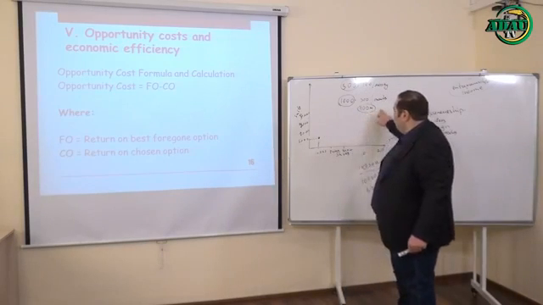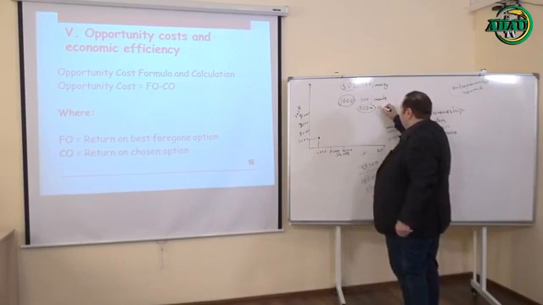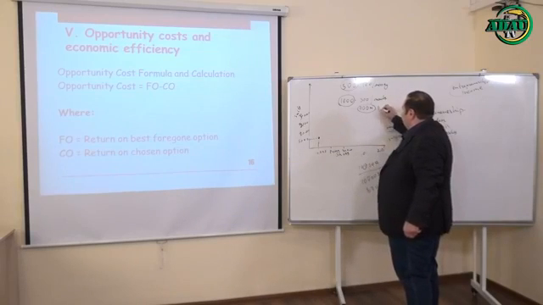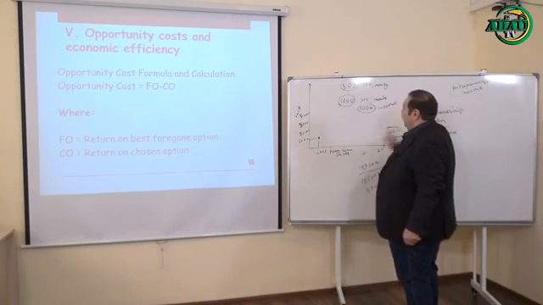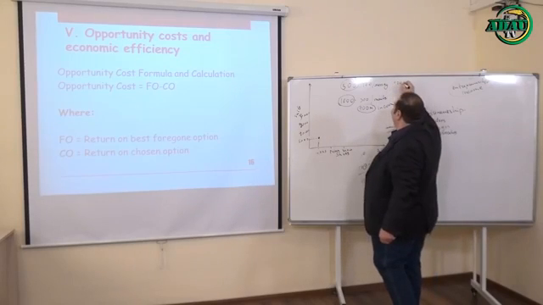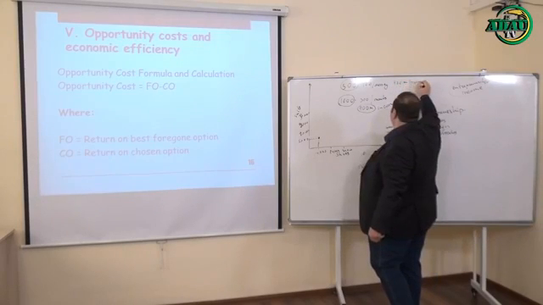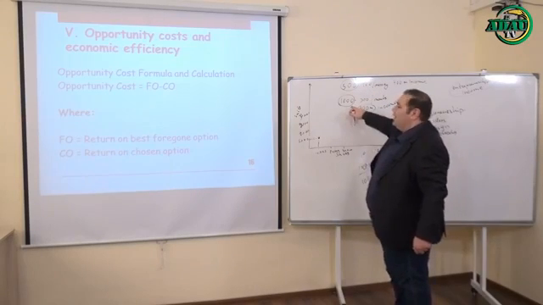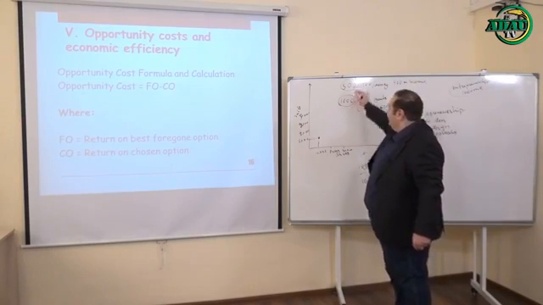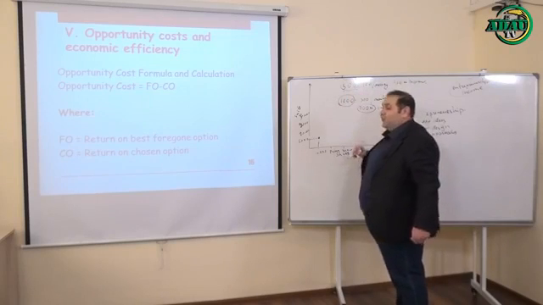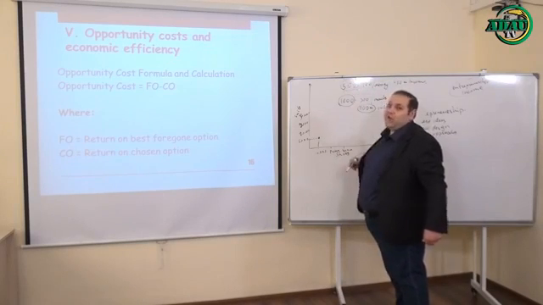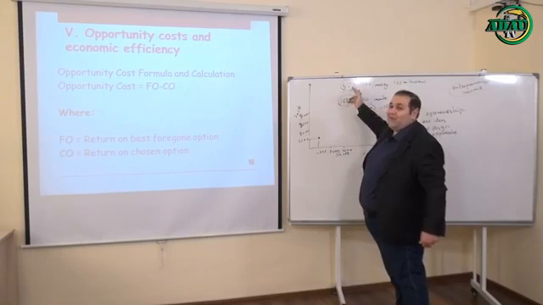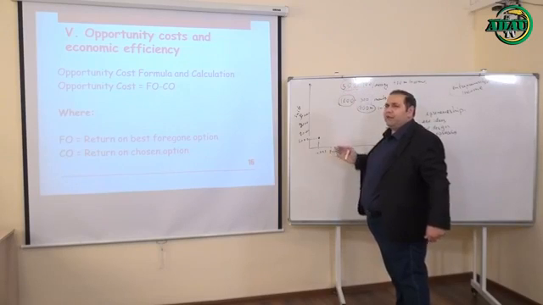700 manat profit, like income, okay, income. But you're giving up the 500 manat income. Now, if you are getting the 1,000 manat, then you lost this job. You need to consider this job as your cost, because you already lost it.